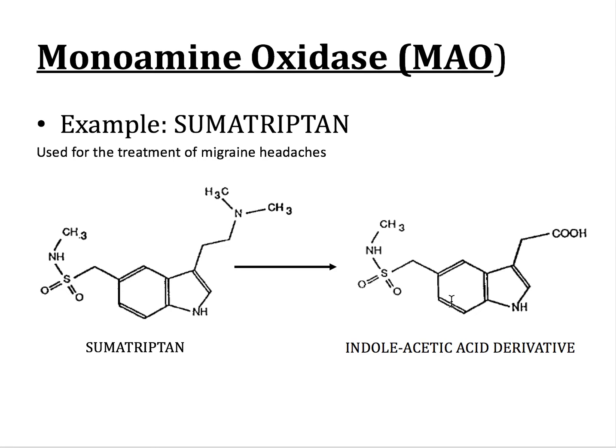We have a secondary amine here, but a tertiary amine there. If we look over here, we have an indoleacetic acid derivative. Deamination has occurred, so the N has been lost and converted into a carboxylic acid.